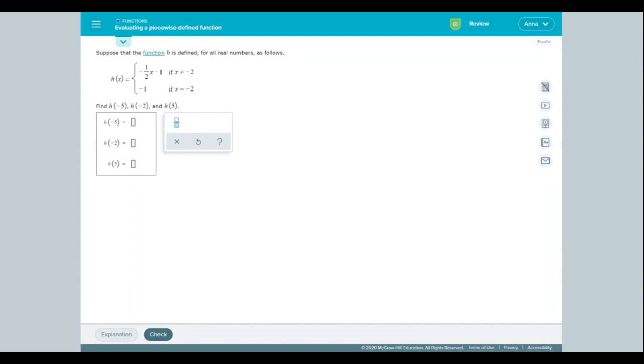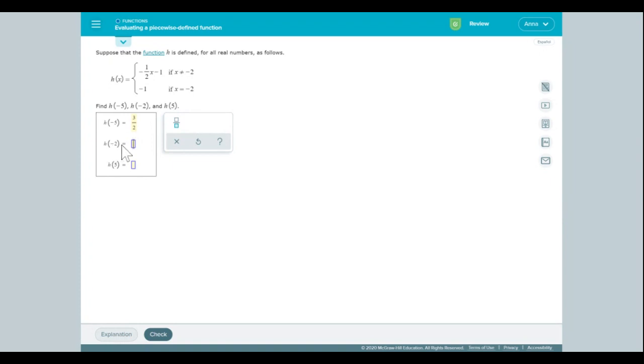So that's 5/2 minus 1. 1 I can rewrite as 2 over 2, which helps get a common denominator. And so 5/2 minus 2/2 is equal to 3/2. So the answer for this first one is 3/2.